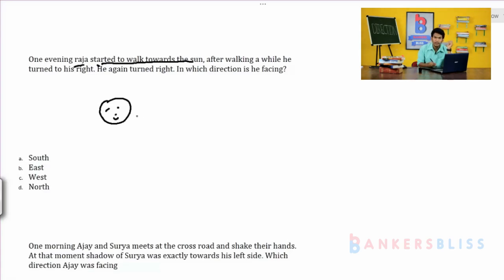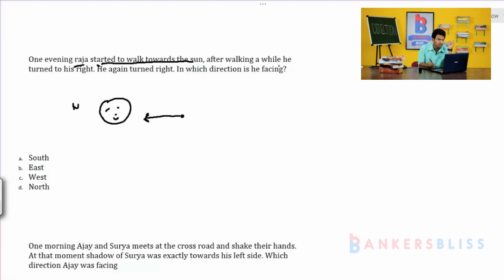Sun, it is here. Towards the sun means he is moving in this direction. Raja, this is the starting point, and Mr. Raja is moving towards the sun in the evening. Sunset in the evening will be the west.